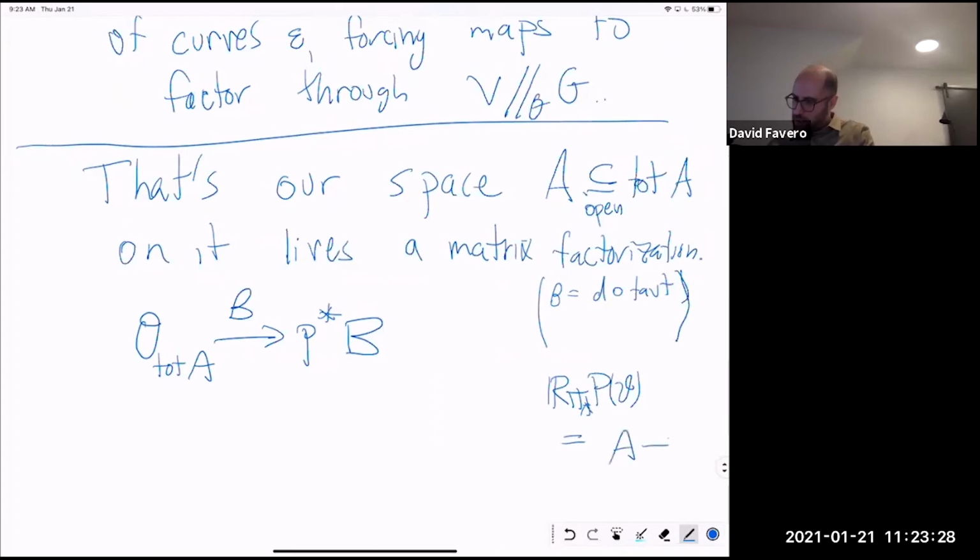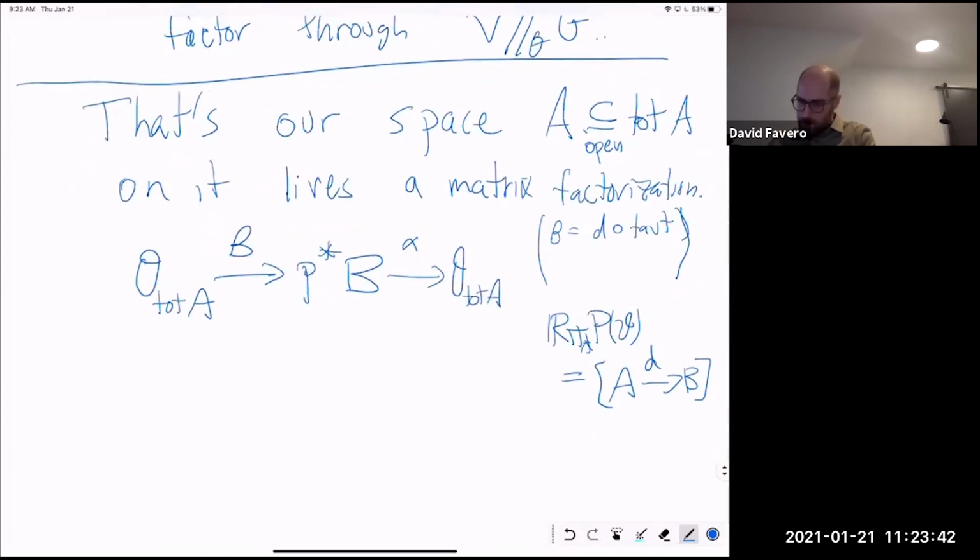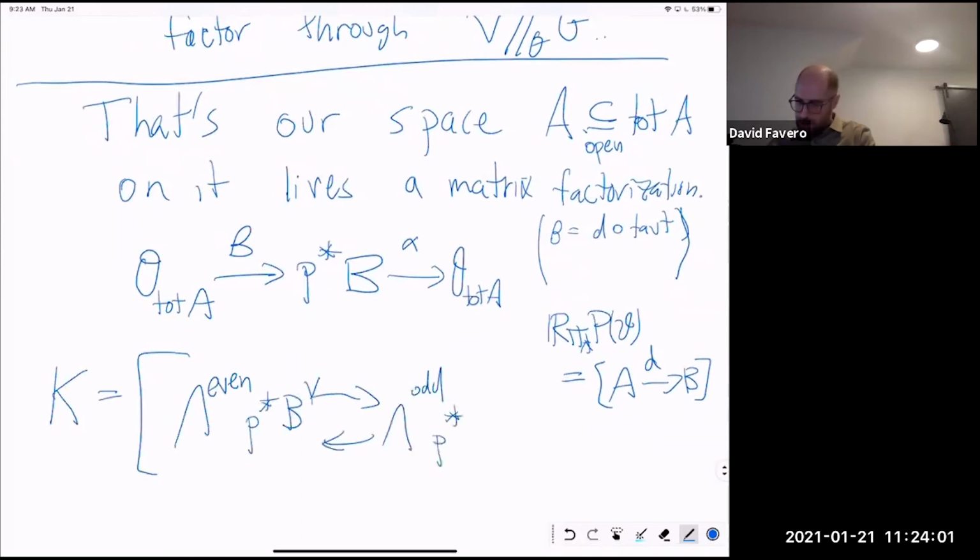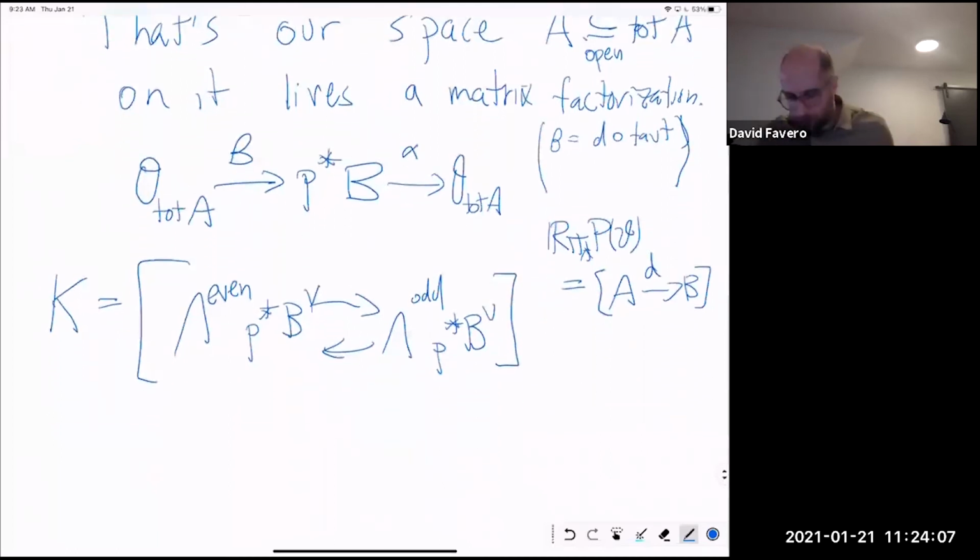Then you can form this matrix factorization: wedge even B star B dual going back and forth by wedge odd B star B dual, and the differential is contracting with beta and wedging with alpha. So this is called a Koszul factorization.